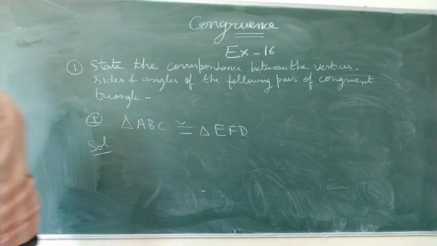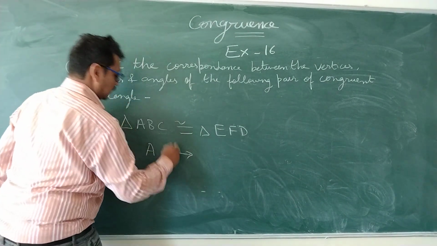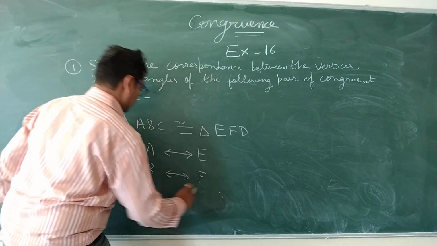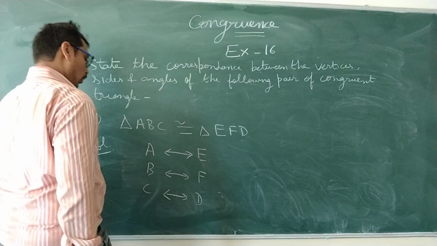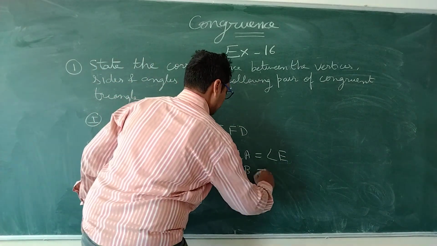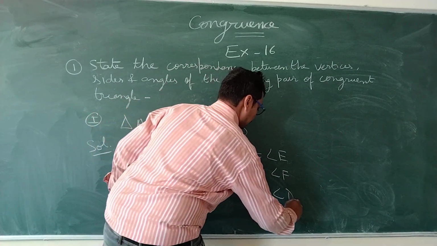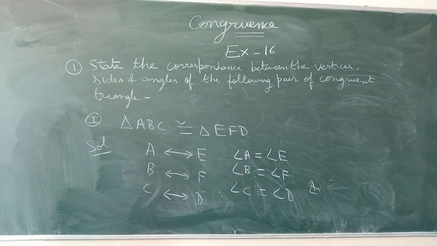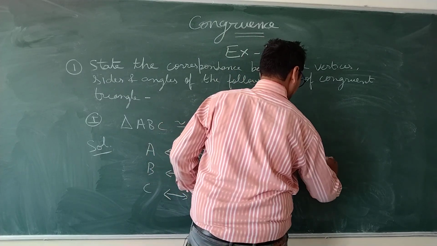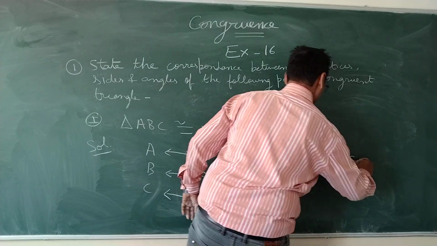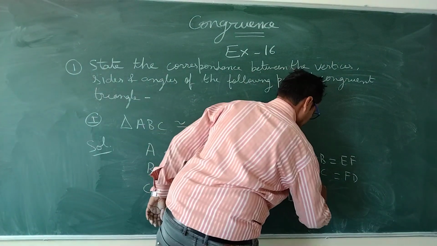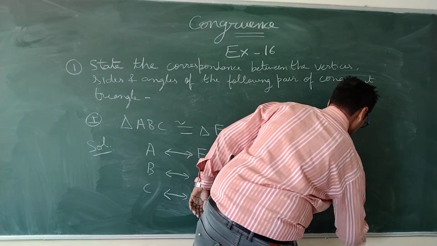So we can say A corresponds to E, B corresponds to F, C corresponds to D. Also we can say angle A is equal to angle E, angle B is equal to angle F, and angle C is equal to angle D. Also, side AB is equal to EF, BC is equal to FD, and AC is equal to ED. This is the answer.